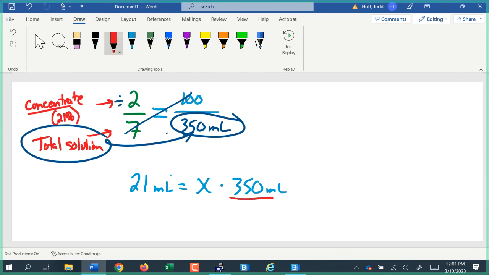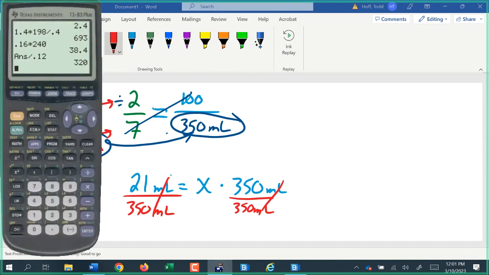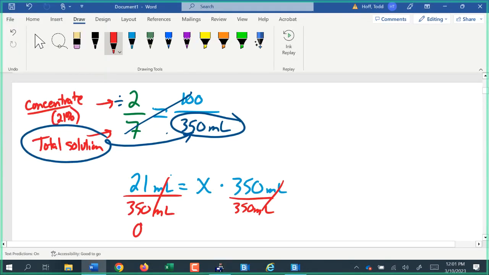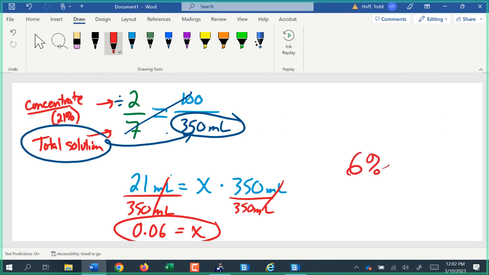So to solve for X here, we're going to divide by 350 milliliters. So the milliliters cancel out. 21 divided by 350 gives us 0.06 equals X. That's a concentration of 0.06 or a 6% solution.